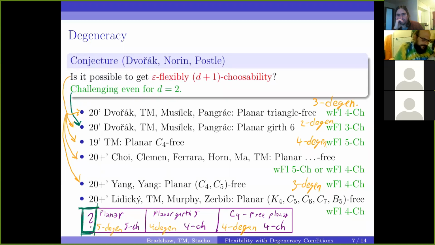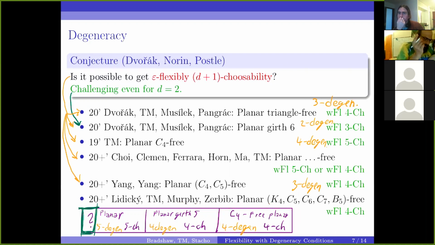So it can be possible, as I mentioned, that they are also 5-flexibly 5-choosable, but it might be difficult, because even for the classes that are implied by this conjecture, in some cases, let's say in those triangle-free graphs, it was very difficult to calculate the discharging. Here are other candidates which are not implied by the conjecture. Planar graphs of girth 5 are 4-degenerate and 4-choosable, and C4-free graphs are also 4-degenerate and 4-choosable.